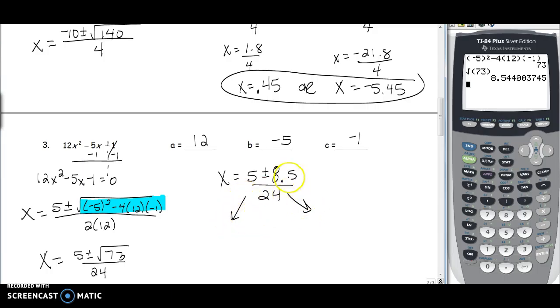Because of the plus or minus, we have to separate into two equations. So 5 plus 8.5 over 24, and 5 minus 8.5 over 24. What I want you to do right now is quickly, in your calculators, do 5 plus 8.5, and then divide by 24.